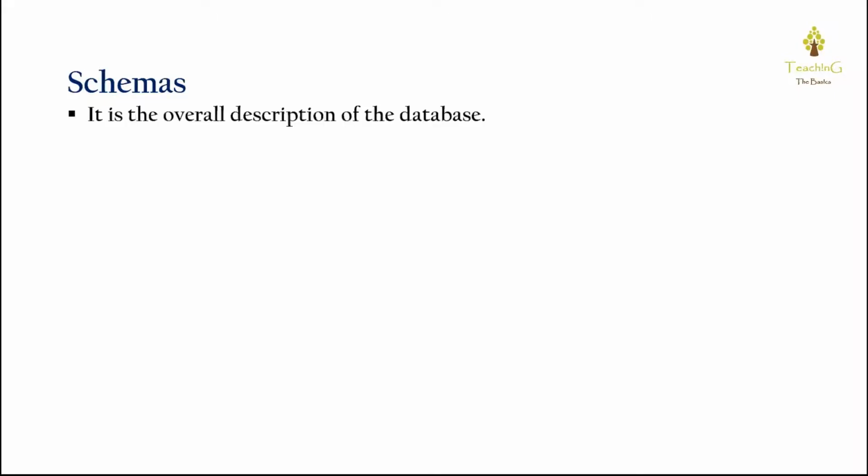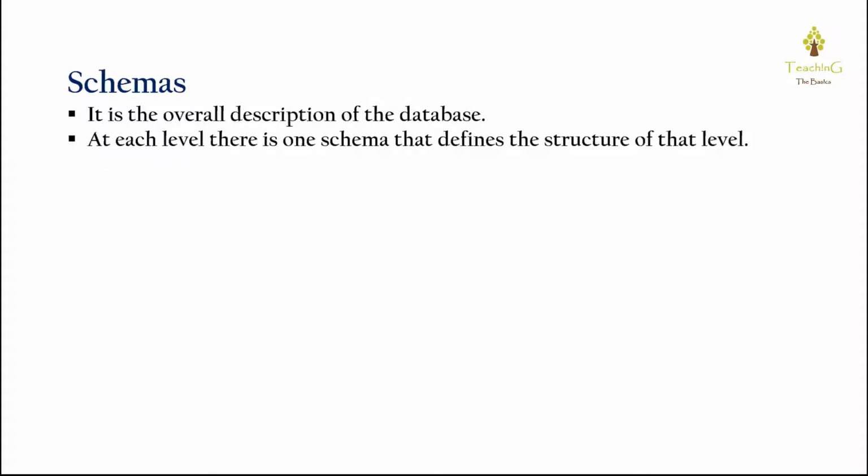It is the overall description of the database, and at each level there is one schema that defines the structure of that level. Okay, so in my previous lecture I have already discussed the three-tier architecture of database management. If you haven't watched the video, I will put the link in the description below, so you can watch from there.